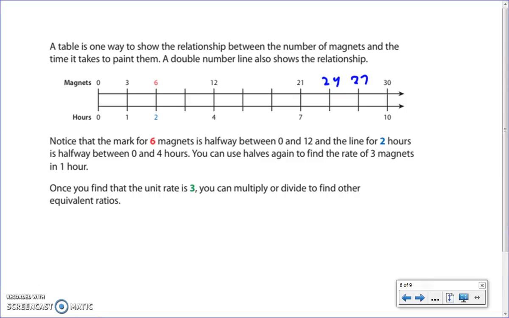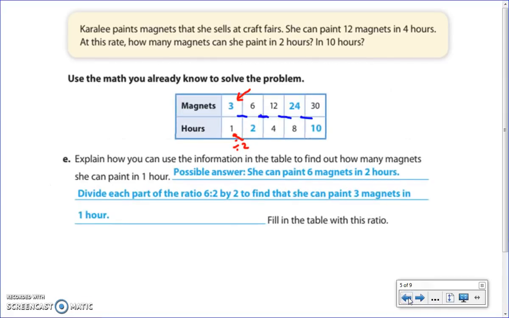So you can see here that there's also a different way to represent the data using a double number line. It says a table is one way to show the relationship between the number of magnets and the time it takes to paint them. A double number line could also show the relationship. The main difference between the double number line and the table is the increments of magnets. On our table, it was difficult to see if there was a pattern between the magnets or the hours, because we didn't just increase the same amount each time.